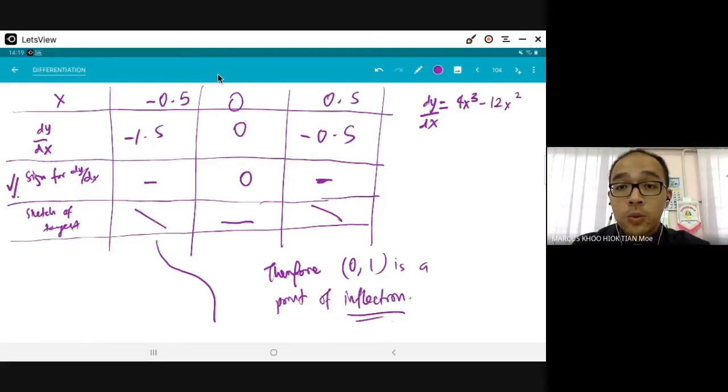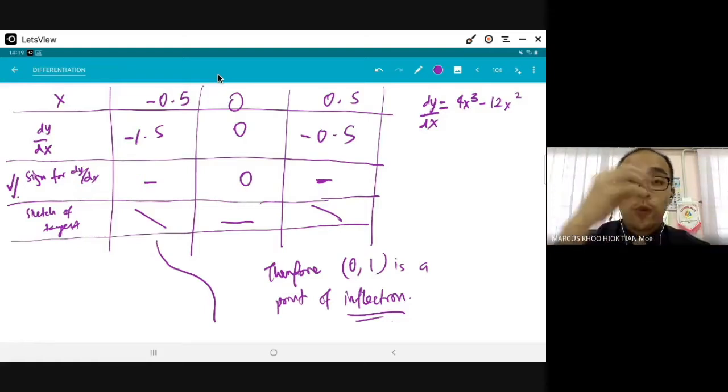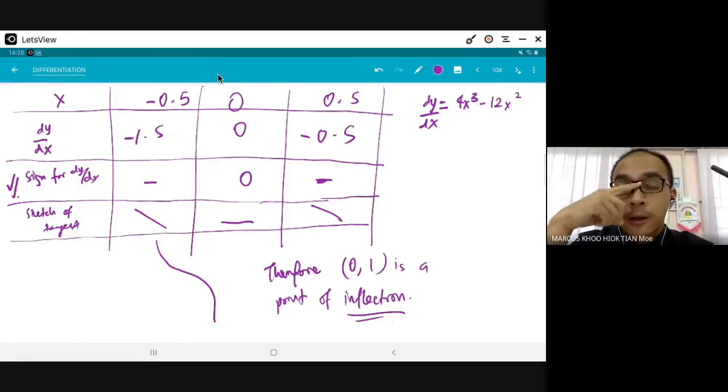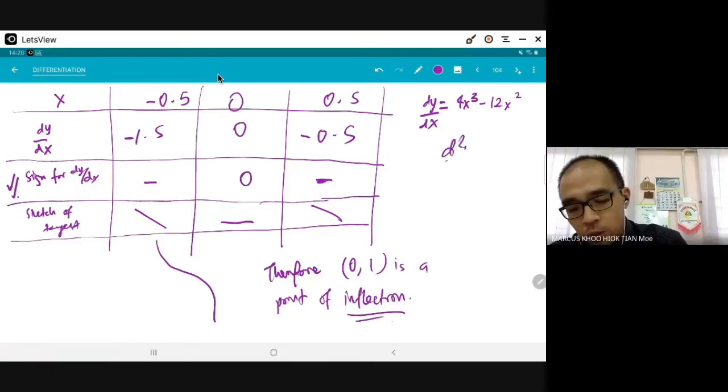So what we're doing is we're taking what we've learned last week and we're just using the same thing to prove the point of inflection. And I want to stress this very important thing. At this level you cannot prove a point of inflection by using d2y dx2.